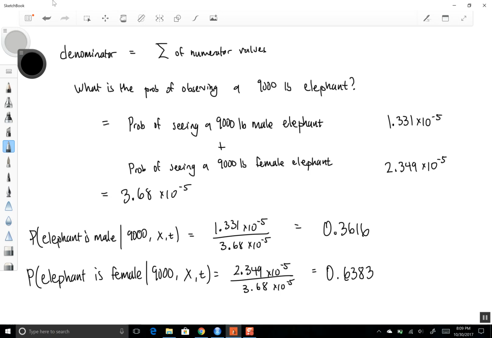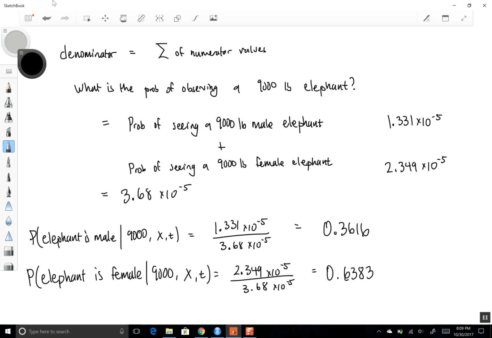But then, given those summary statistic values, we see a new elephant that's 9,000 pounds, and 9,000 pounds is kind of in between the male and female weights. What would we classify it as? Okay, how would we classify this?